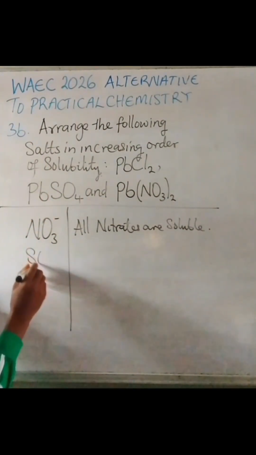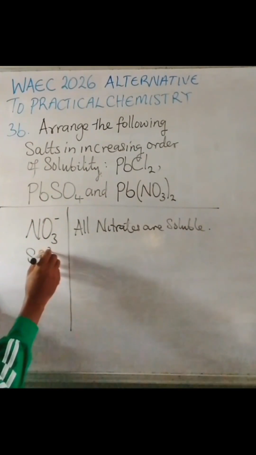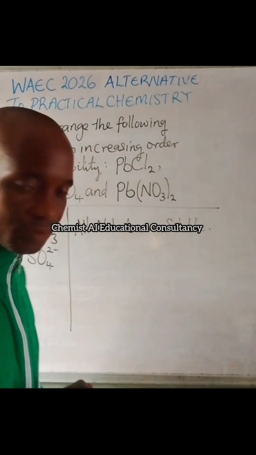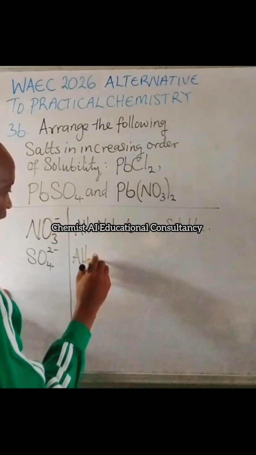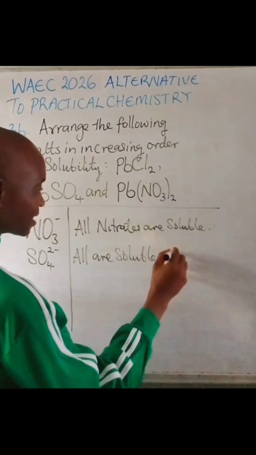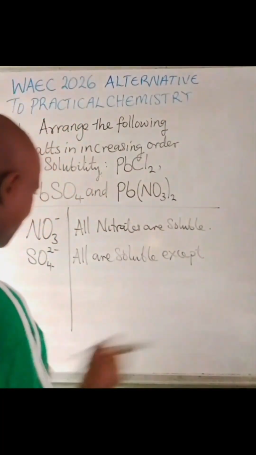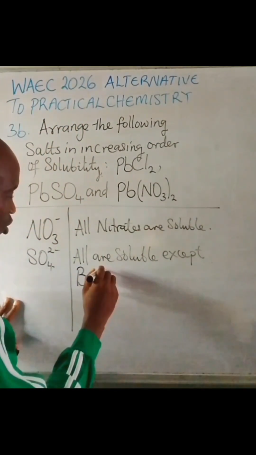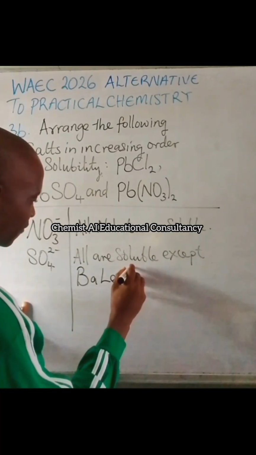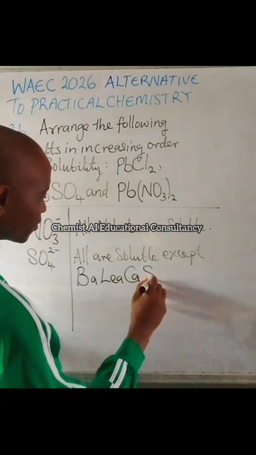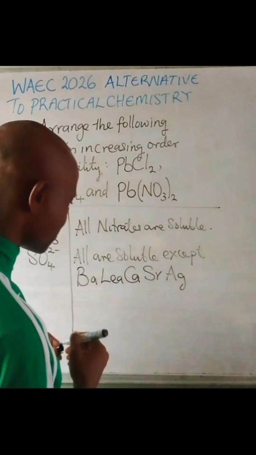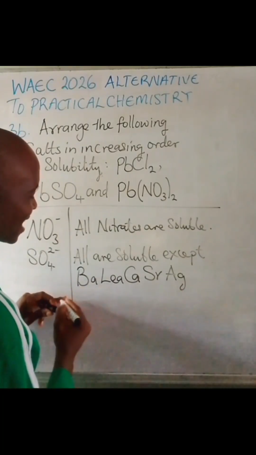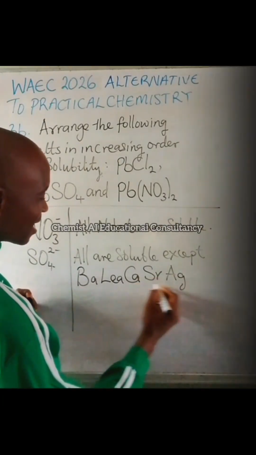Sulfate salts are salts that contain tetraoxosulphate 6 ion, and in the solubility rule, all sulfates are soluble, except the exception are sulfates of barium, sulfates of lead, sulfates of calcium, sulfates of strontium, and sulfates of silver. You can use this as an acronym, BALI-CASRAN.